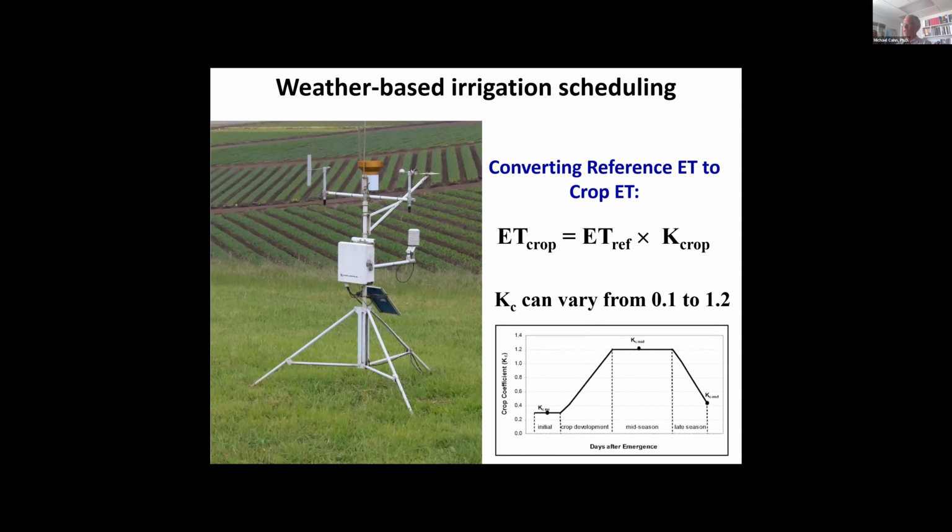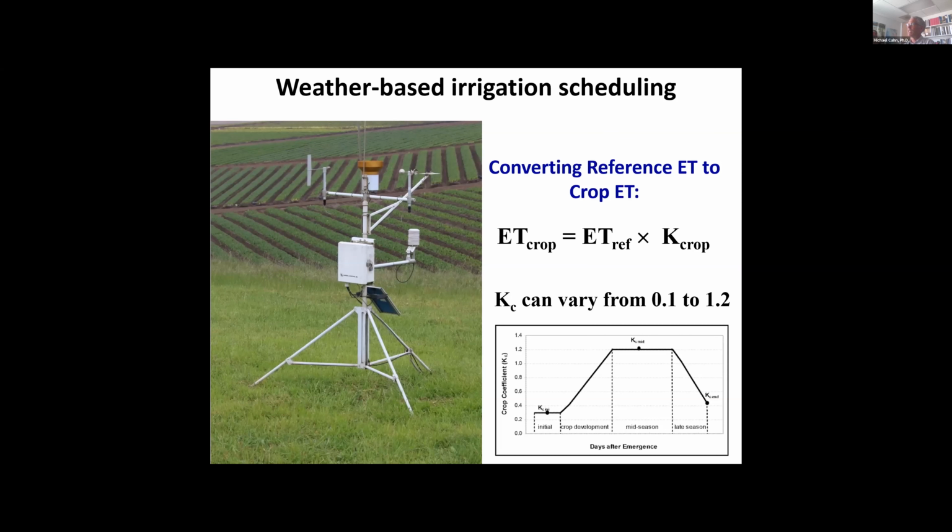Now, one of the key ways to manage nitrogen efficiently is to make sure your irrigation is efficient too. And one of the ways we can be better at irrigation scheduling is taking advantage of weather-based systems like the network of weather stations we have in California, part of the CIMIS system, that's the California Irrigation Management Information System, which for about 150 sites through the growing regions of California, they provide reference ET data.